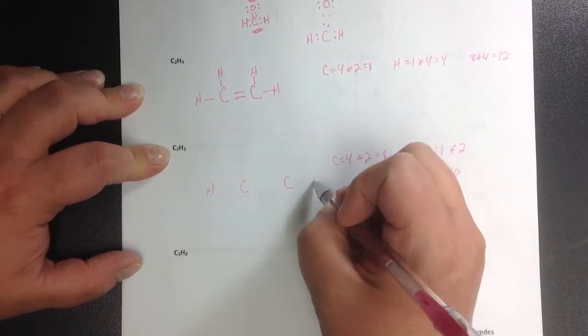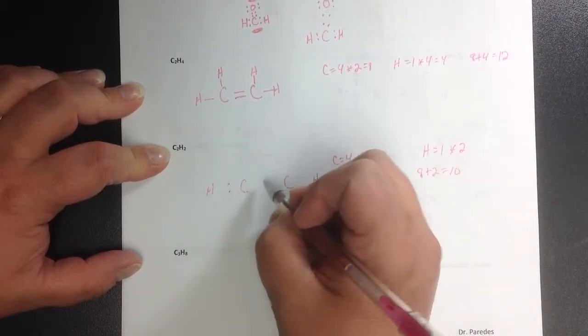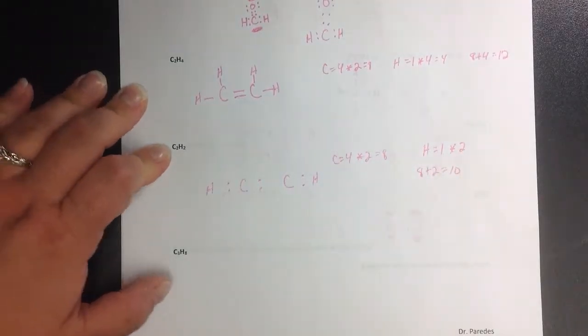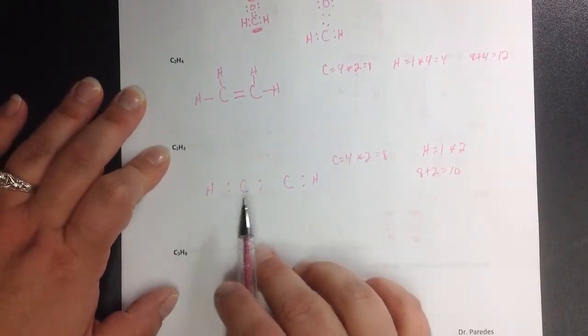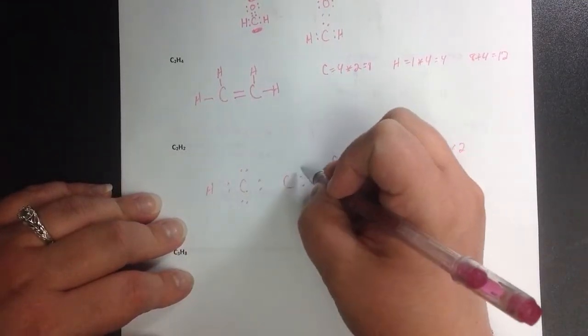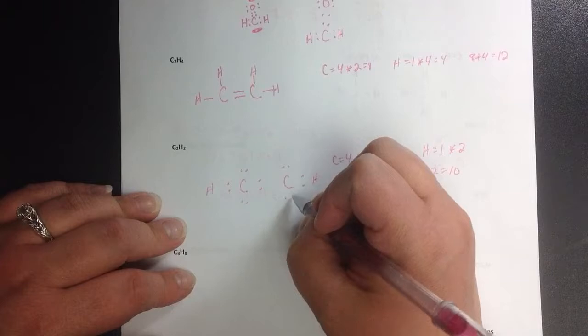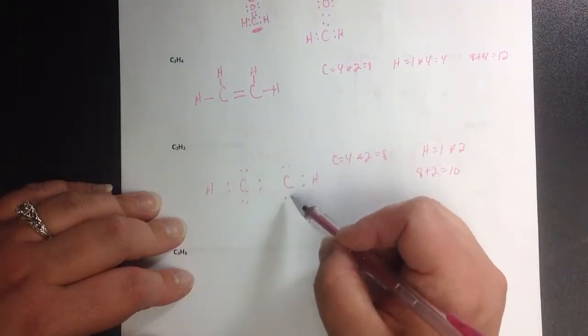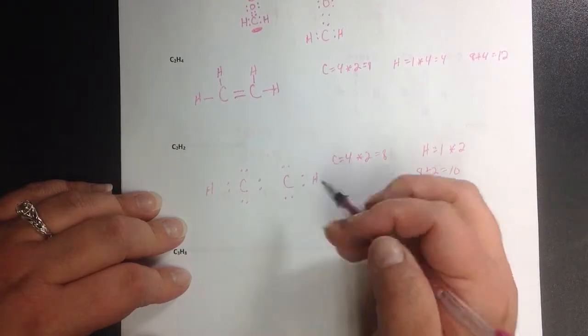I'm just going to make this nice and even, and I'm going to go through like that. We have 2, 4, 6. I'm showing that you can do this with dots. You could do this with lines if you want to. So 2, 4, 6, 8, 10, 12, 14. Way too many.